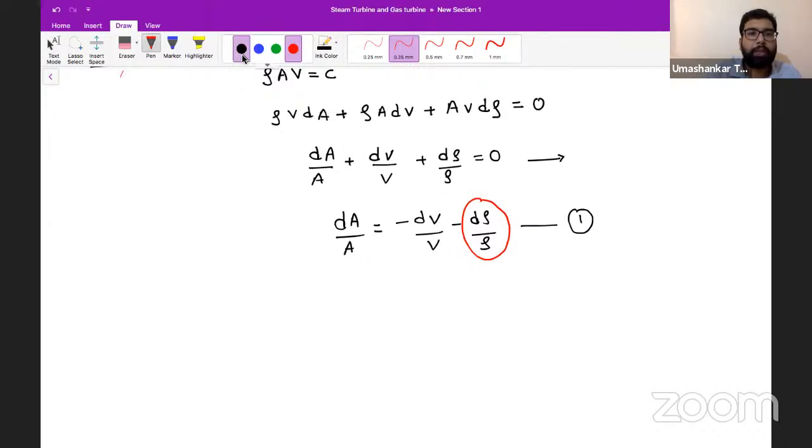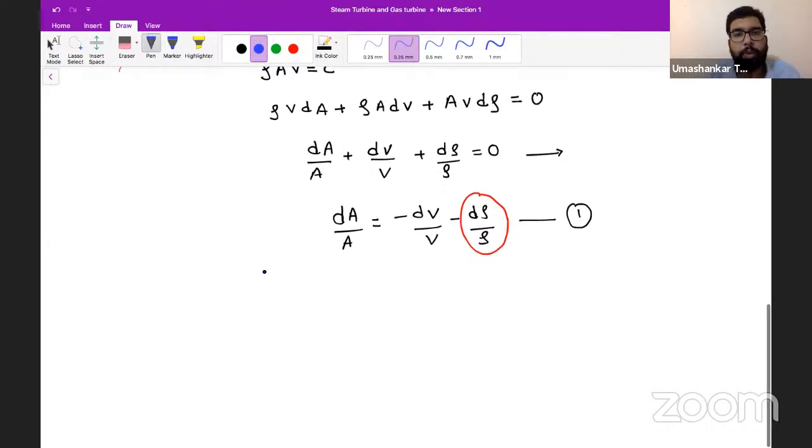There is another equation that we see in fluid mechanics or in thermodynamics, known as the steady flow energy equation or Bernoulli equation. If I write it like this, dp by rho plus V dV plus g dz is equal to 0, you may call it the Euler equation.